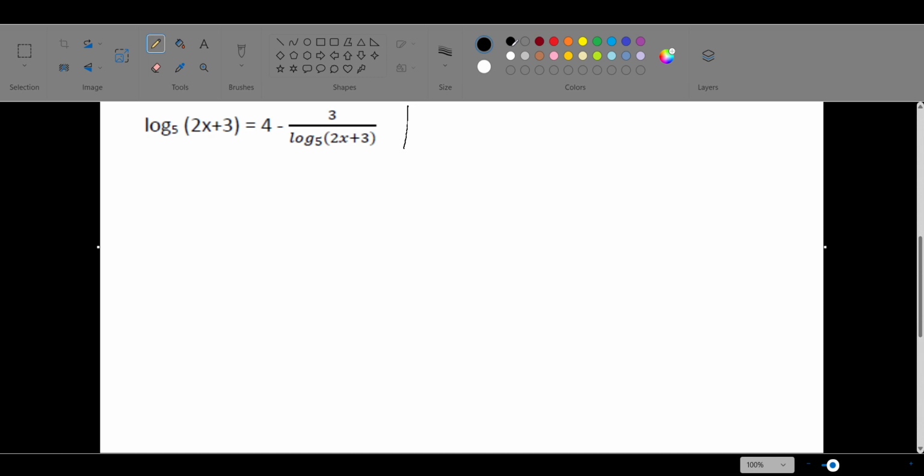to realize that you have on both sides of the equation the same log function, and one of them is really in the denominator. So you can start with the substitution method right here and replace the expression log base 5 of 2x plus 3 with some, let me say, new defined variable.